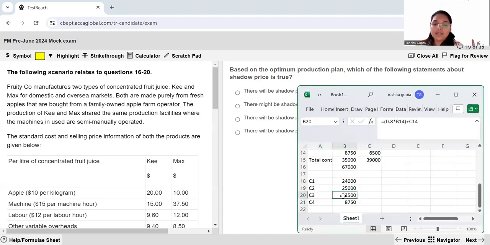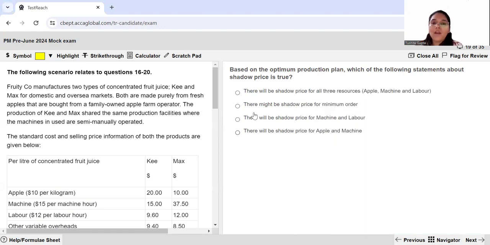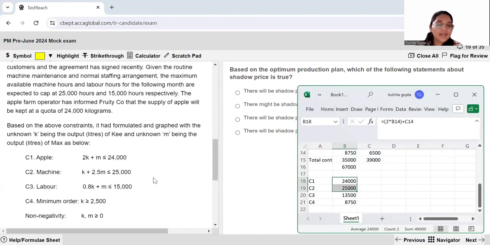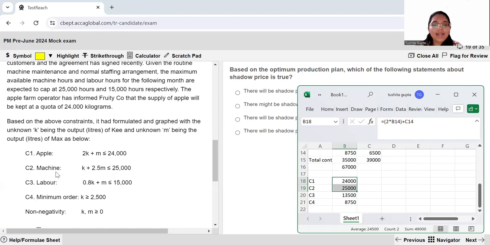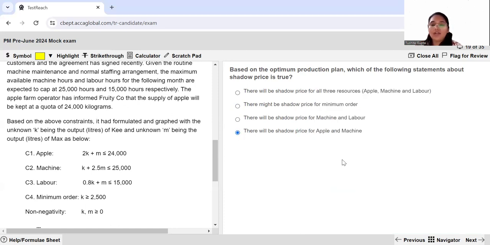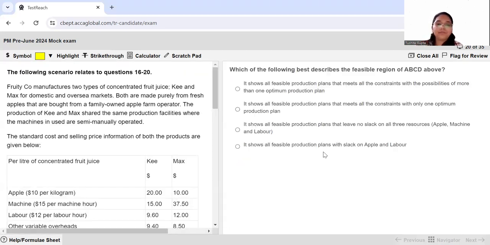The capacity is 15,000, so this resource is not an issue. These two resources, if we get more, we will be able to increase our overall profit. So there will be a shadow price for all three resources is incorrect. There might be a shadow price for minimum order? No. There will be a shadow price for machine and apple. Exactly the first two constraints will be your answer. So this over here is your answer.